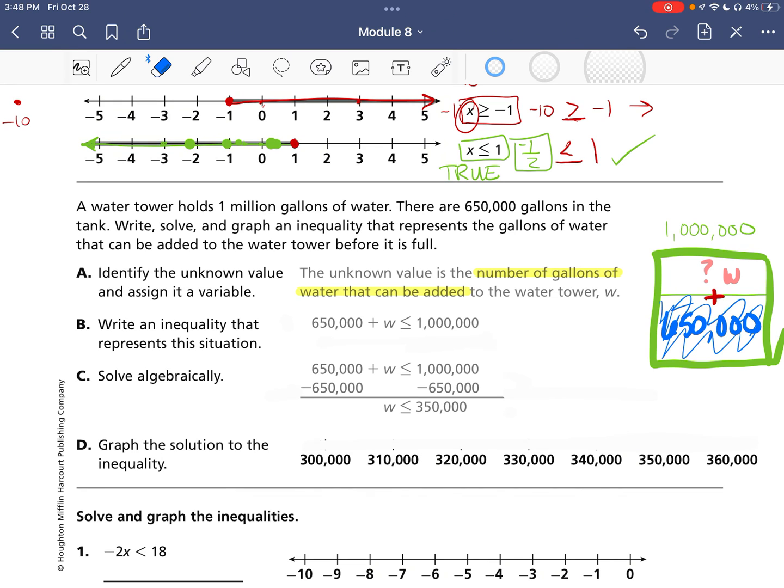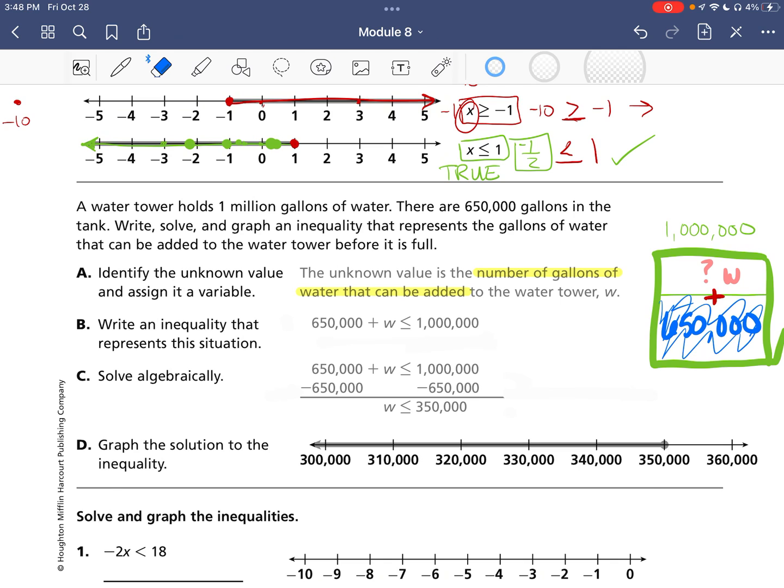So what this means is that you can add 350,000 and you could add 340 or 330 all the way down to 0. Okay, you could add nothing, and that's a possible solution, or 100,000.